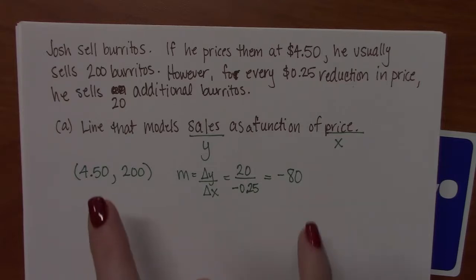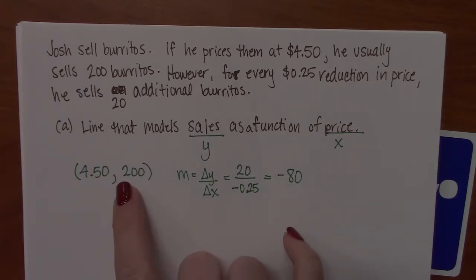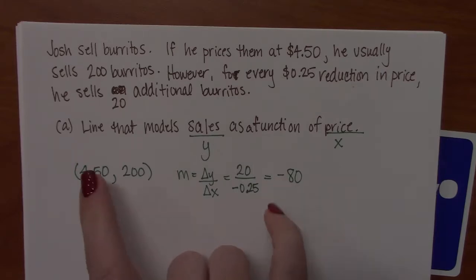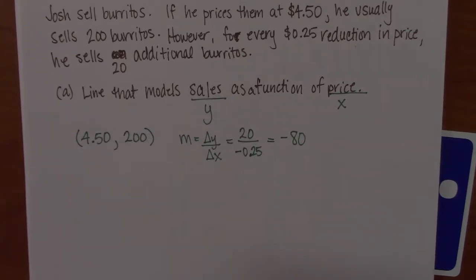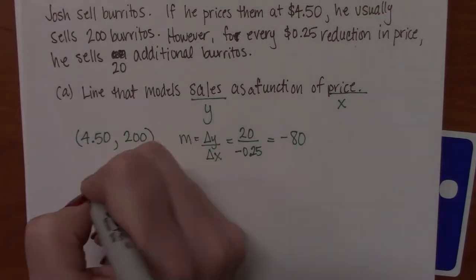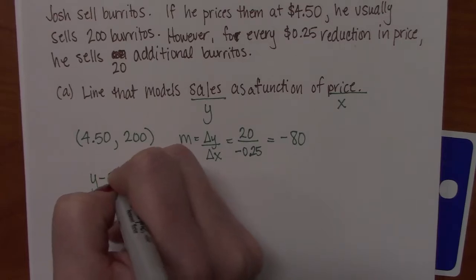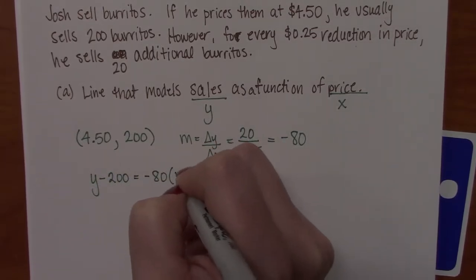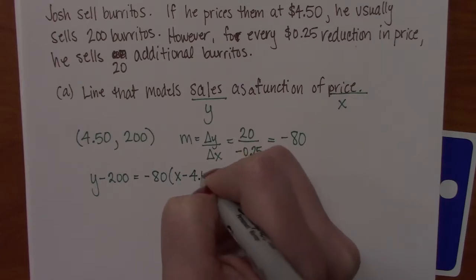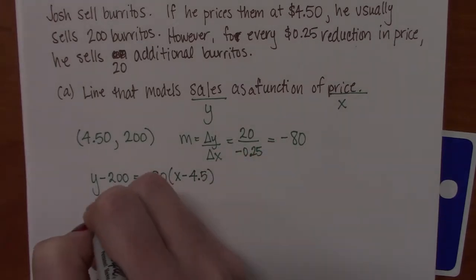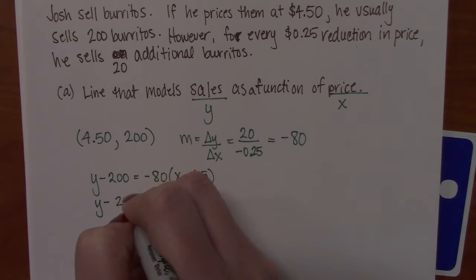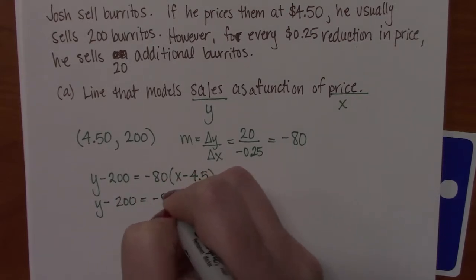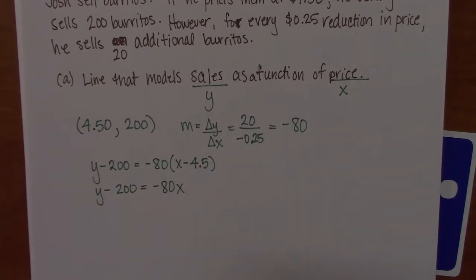All right, so once you've identified the point and the slope, and as long as you've got the input and the output in the right place, then you just use point slope to find the equation of the line. So in this problem, we would say y minus 200 equals negative 80 times x minus 4.5. When I distribute the negative 80, I get negative 80x.